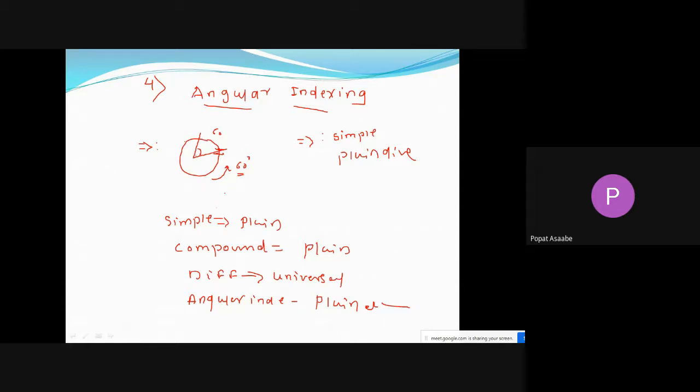Now see, what is the condition in the plain dividing head? We know that when we rotate the crank 40 times, the worm and workpiece will rotate by 1 revolution.